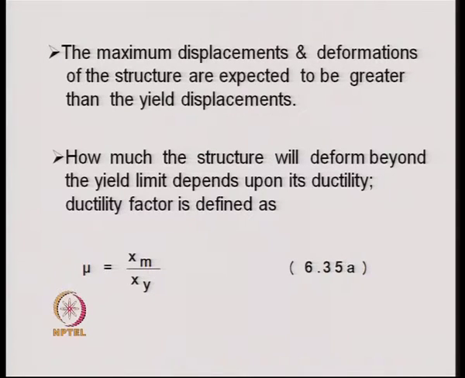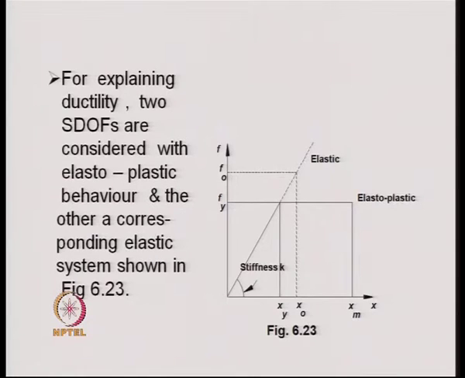How much the structure will deform beyond the yield limit depends upon the ductility. Ductility factor is defined as the equation 6.35a, that is mu is equal to xm by xy, where xm is the maximum displacement and xy is the yield displacement, and this is defined for a single degree of freedom system.